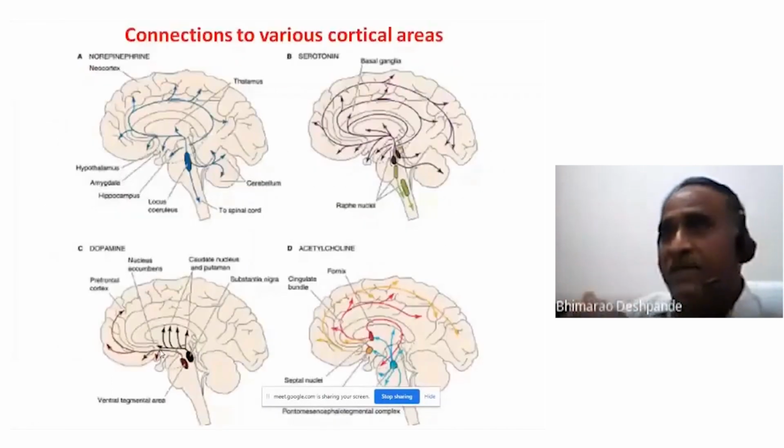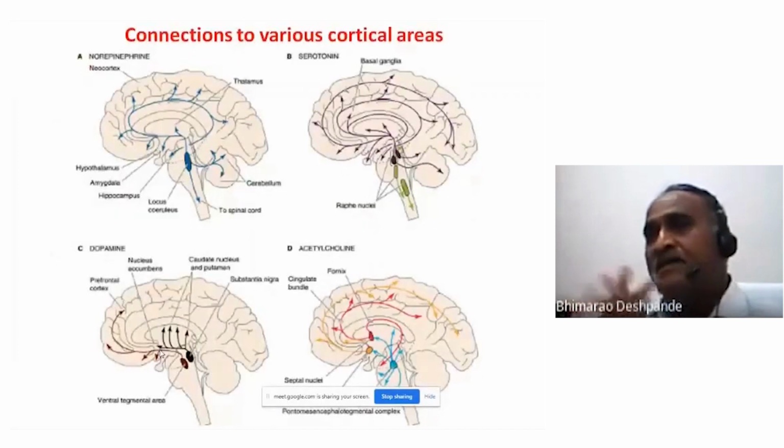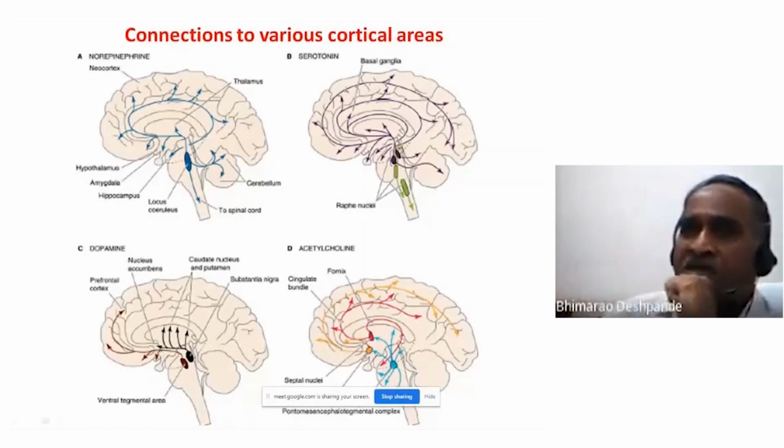Now going back here, the various transmitter systems. This one I have taken from Ganong. Here, first, this is the locus coeruleus. From the locus coeruleus, we have projections to the entire cortical array.